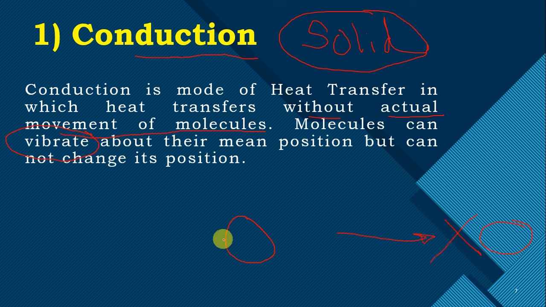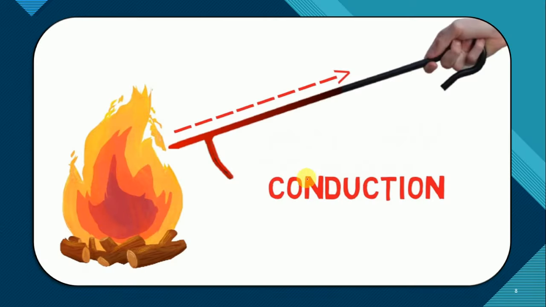But it can vibrate about its position, so it can go towards the right side and left side like this about its mean position. If it goes right and left continuously about the mean position, that is called vibration. So vibration is allowed but movement of the molecule is not allowed. And if this kind of mode is there, then it's called the conduction mode of heat transfer.